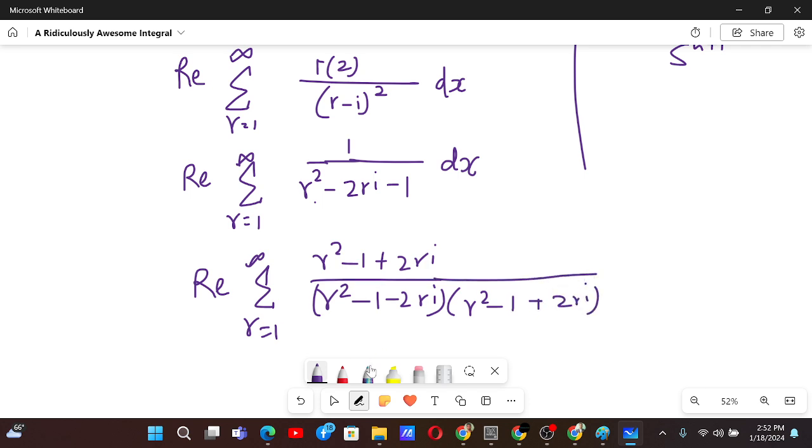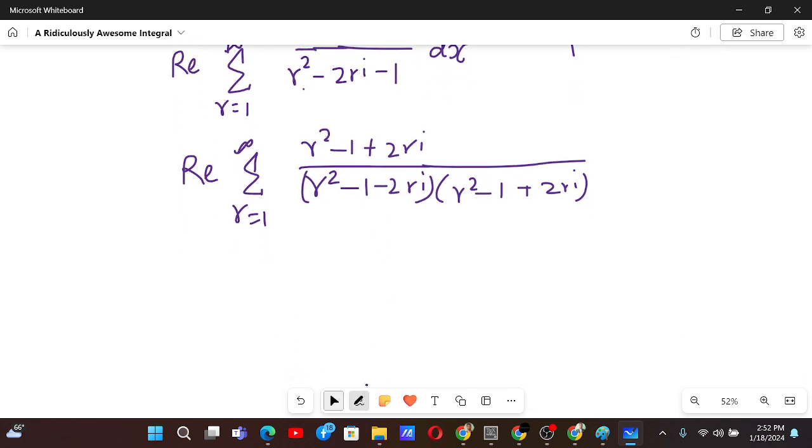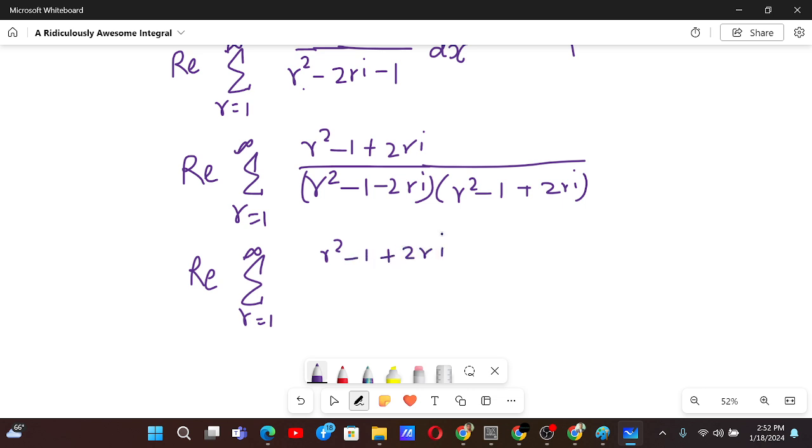Now if we multiply, the numerator is r square minus 1 plus 2ri, and the denominator is r square minus 1 whole square minus 2ri square, so that's 4r square times i square, that's minus 4r square. So minus minus will be plus, so plus 4r square.